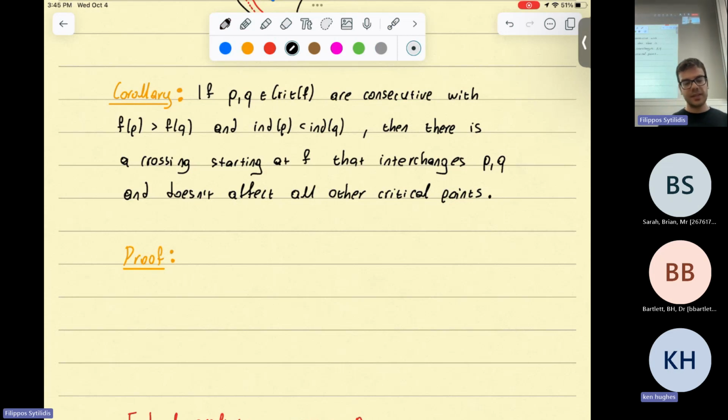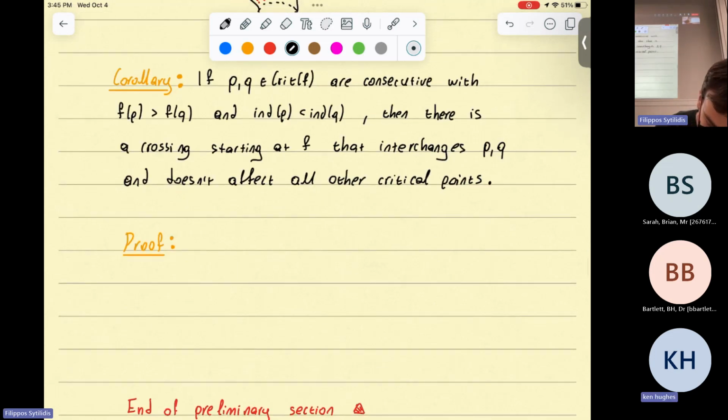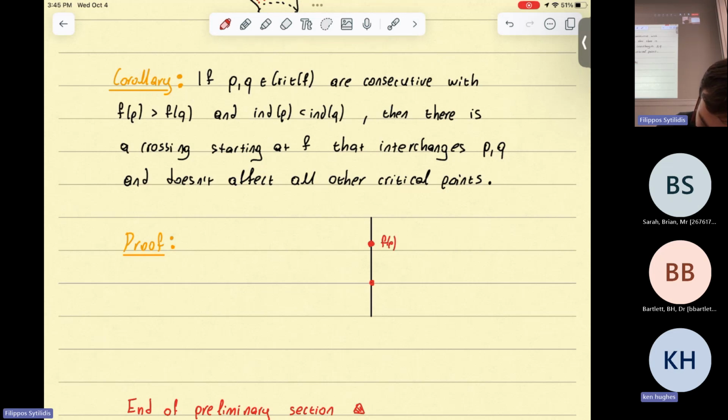I gave myself space to write the proof and didn't write the proof, which maybe wasn't the best idea. But let's see. We have a situation where we have a Morse graphic like this, and I have f of P here, f of Q here.